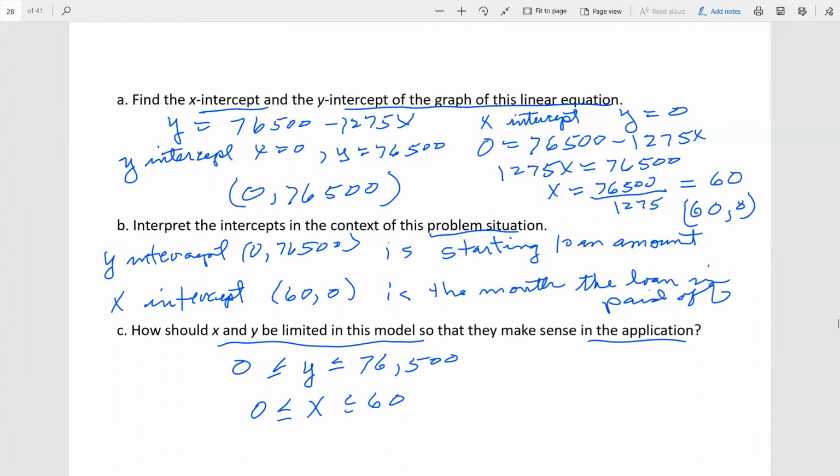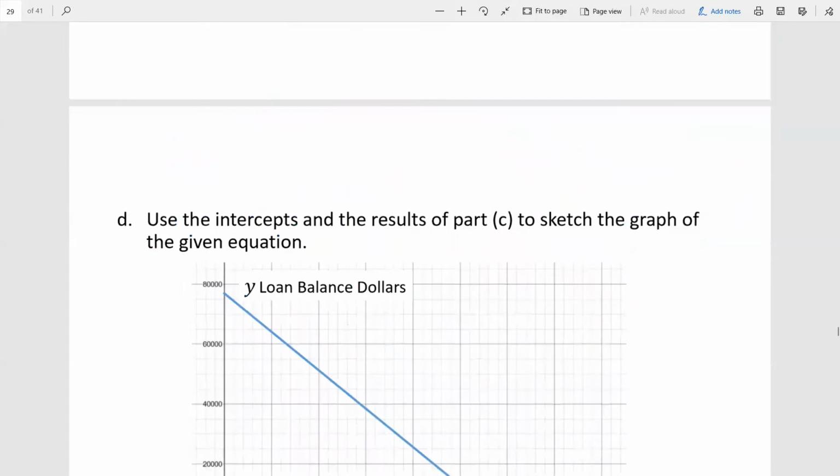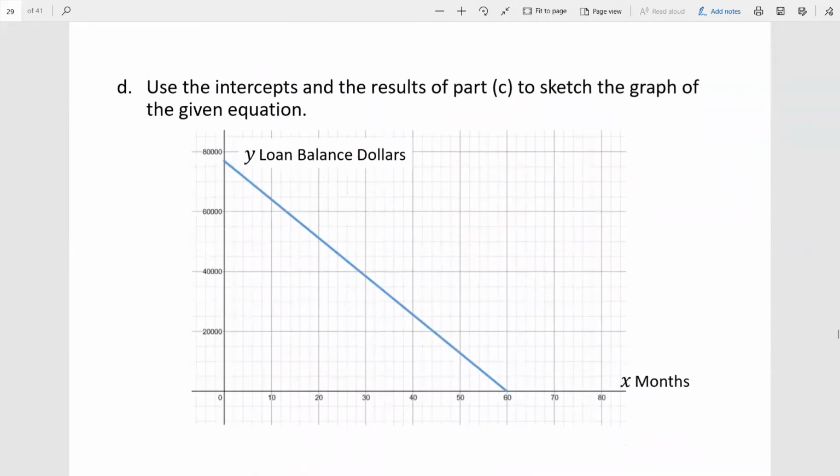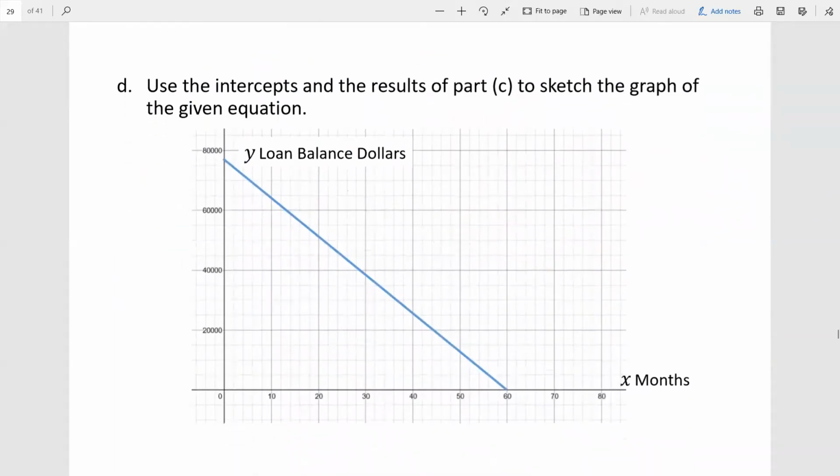So now let's put in the intercepts, which you'll recall were (60, 0) and (0, 76,500). So here we have a sketch of the graph of the given equation.